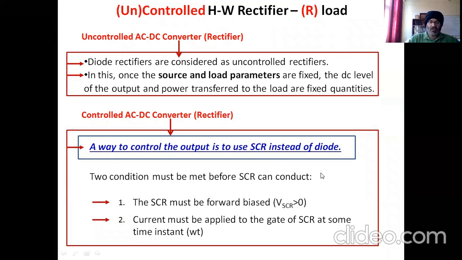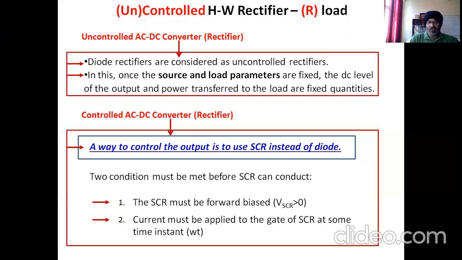For that, two conditions need to be fulfilled. First, the SCR must be forward biased, meaning the anode should be more positive than the cathode. So first, in a circuit, the thyristor must be forward biased.